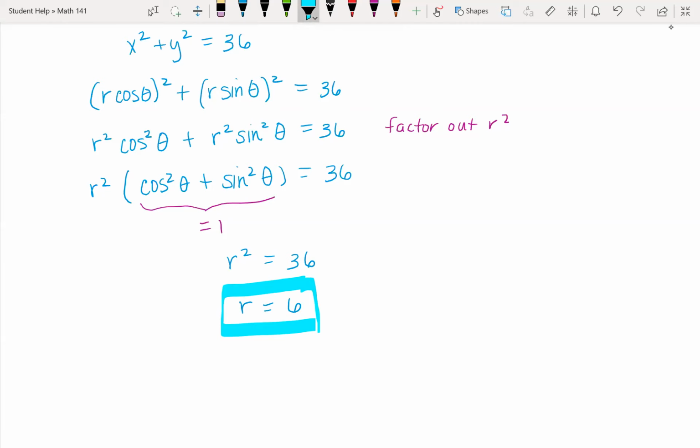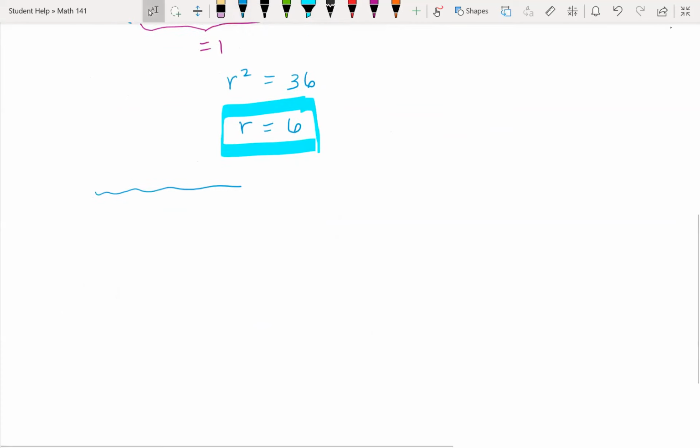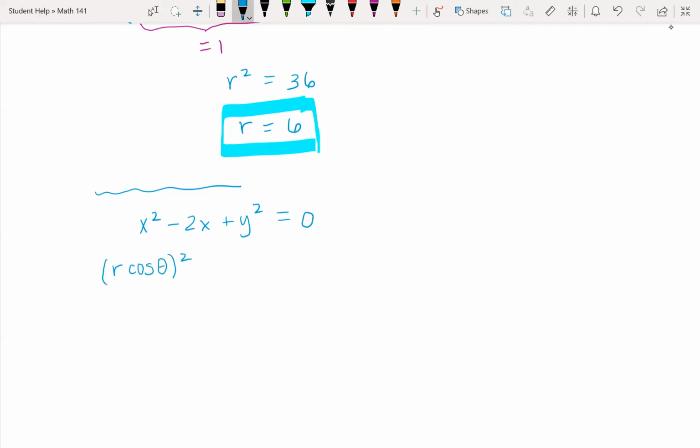All right, I've got a couple more examples like this. Let's consider x squared minus 2x plus y squared equals 0. So x is going to be r cosine theta, and y is going to be r sine theta.